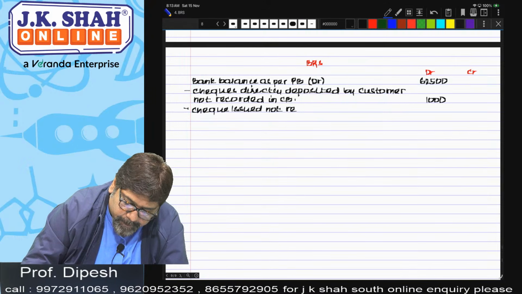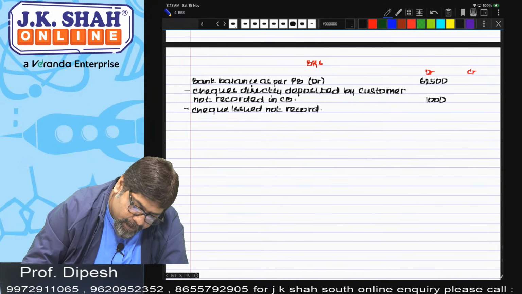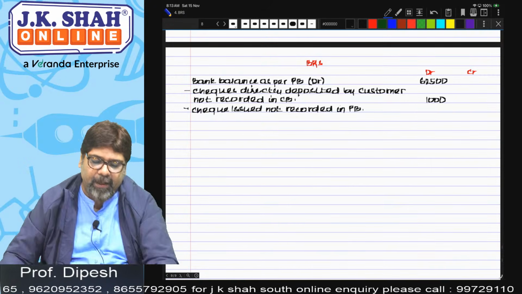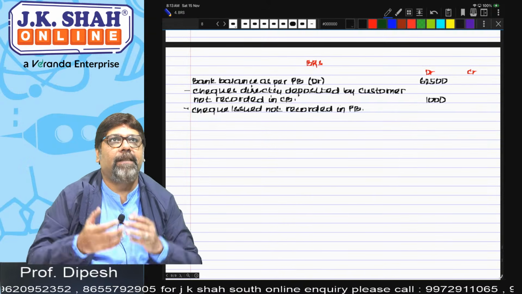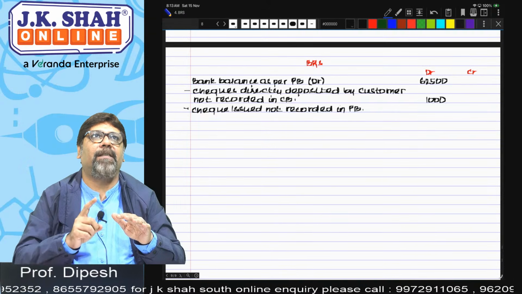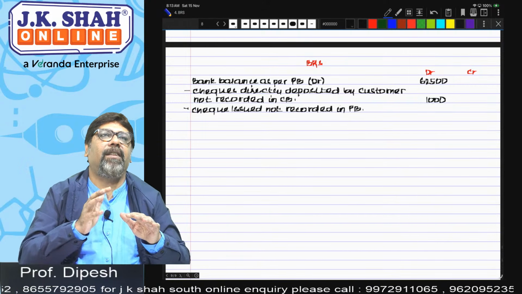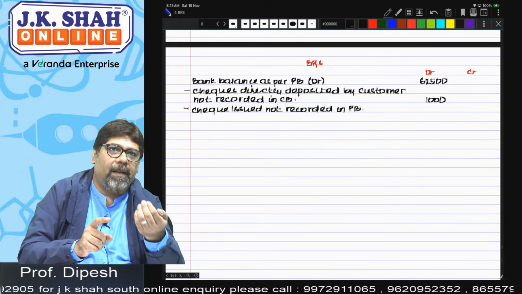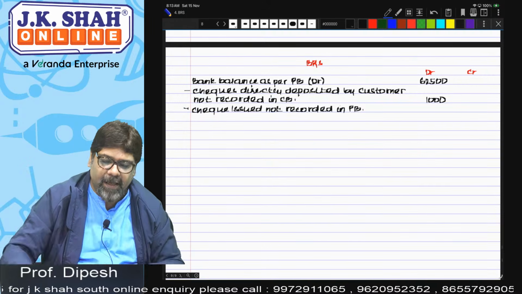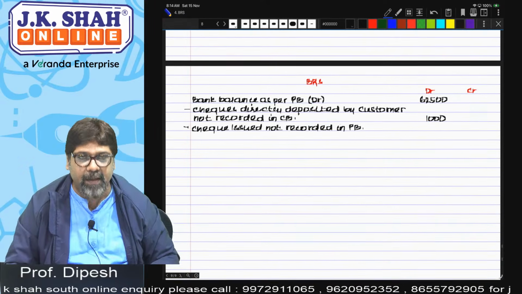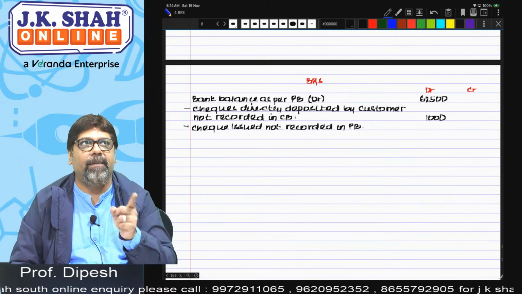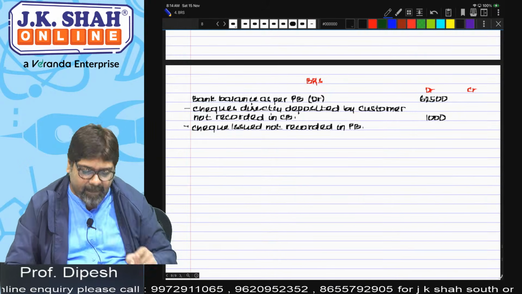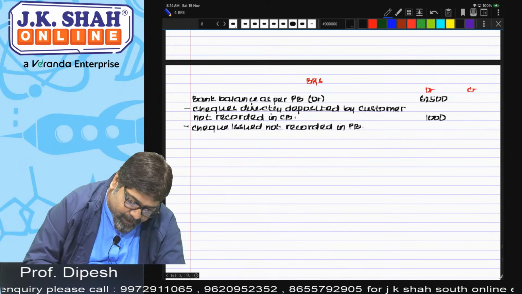Check issued, not recorded in passbook. Where will it come? Sir, issued means payment. In the passbook, receipts come on the credit side, payments come on the debit side. Check issued is a payment not recorded in the passbook, therefore it will come on the debit side. Super. How much?